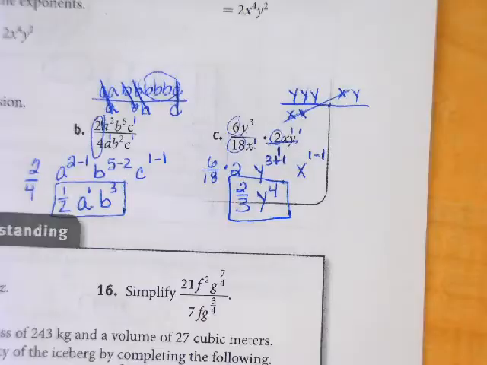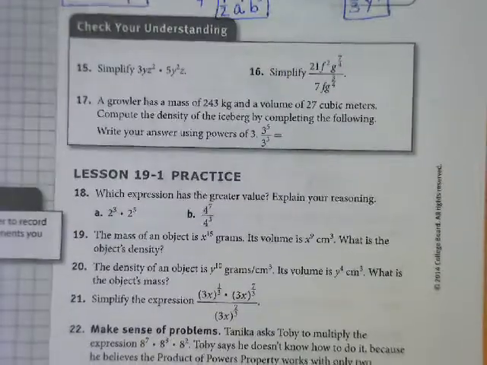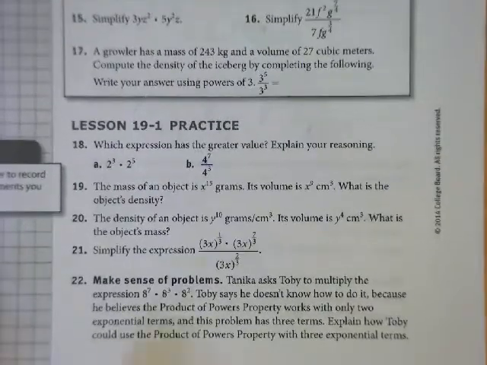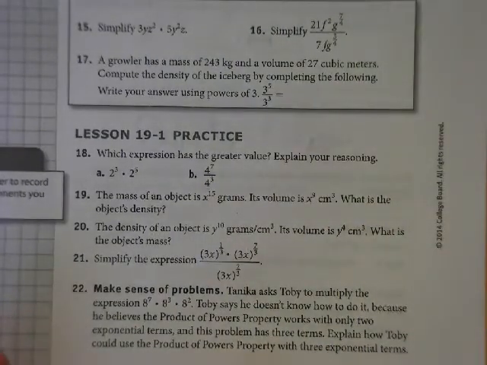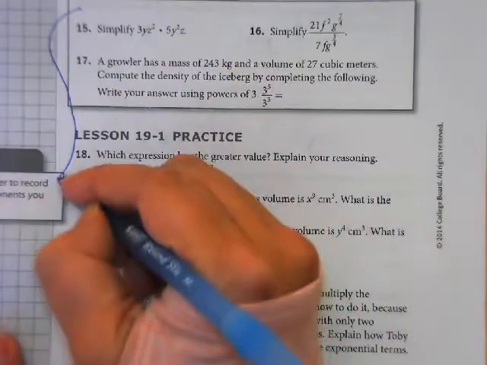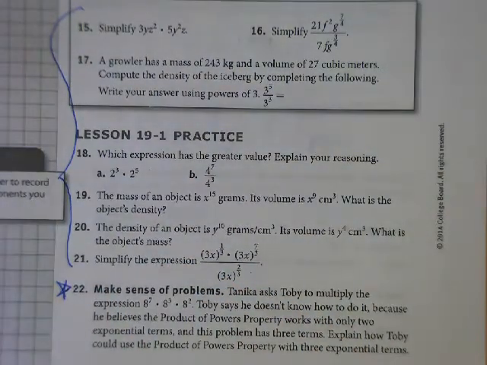Here's what I'm going to ask you to try for me. Down here, I would like for you to try numbers 15 to 21. 22 is a bonus. Okay?